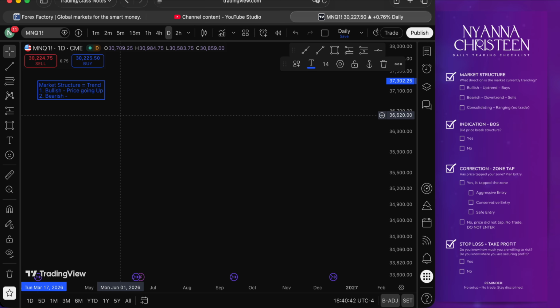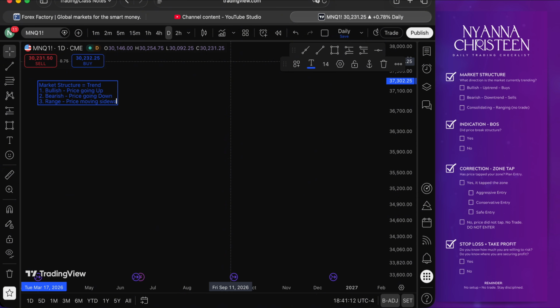That means price is going down. Okay. Price is going down. And then we have a consolidating or a range, which is price moving sideways.